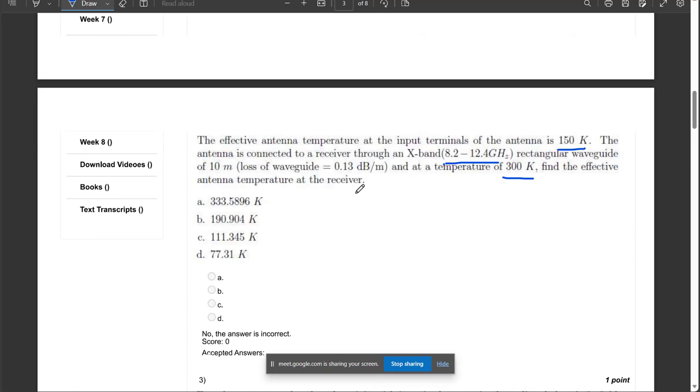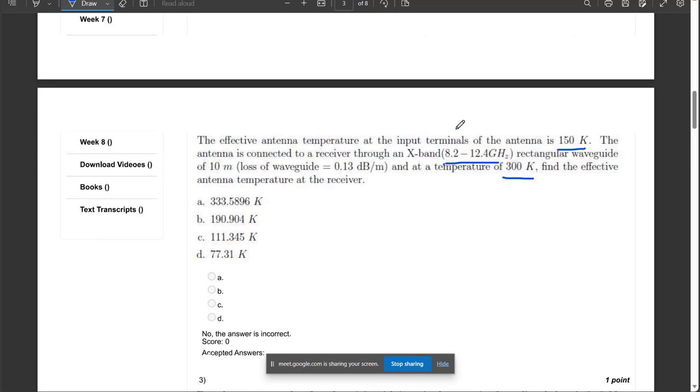Okay, now the effective antenna temperature at input terminal is how much? 150 kelvins. And the temperature of the waveguide is how much? 300 kelvins. Now you have to find out the effective antenna temperature at the receiver.